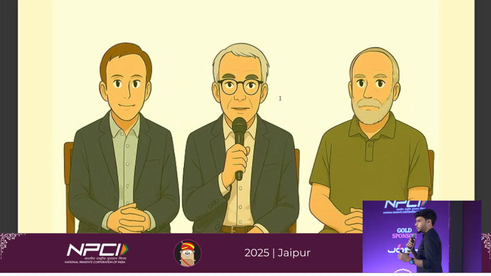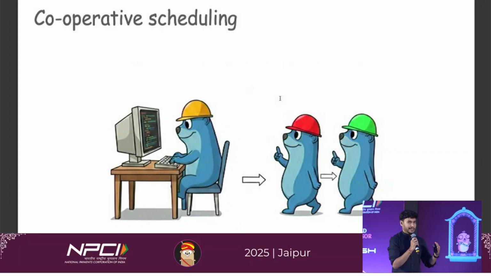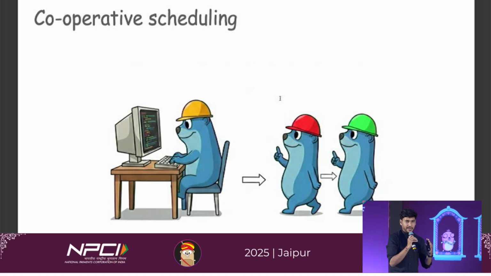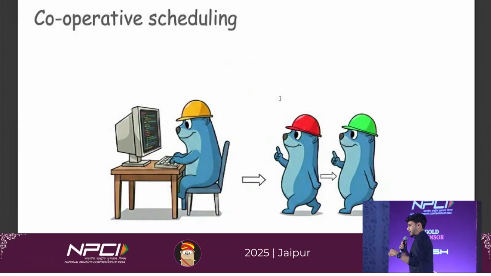Now, these Go routines need to run concurrently on your processors, so we need scheduling. If one Go routine is running, we need to tell it, hey, wait, there are other Go routines that need to run. So you need to pause, give a chance to another one, and every Go routine gets time equally, right?